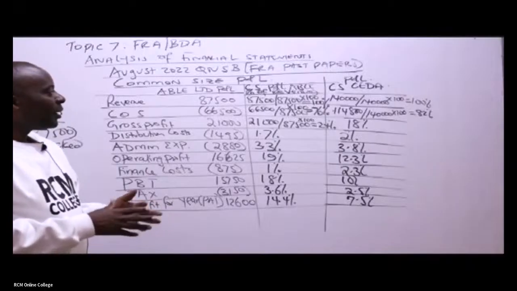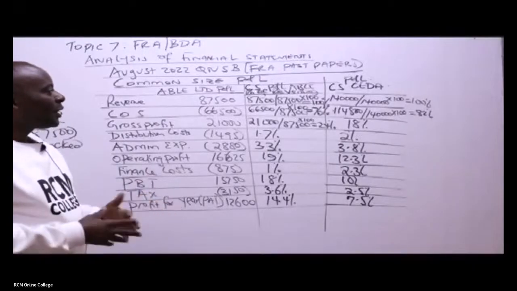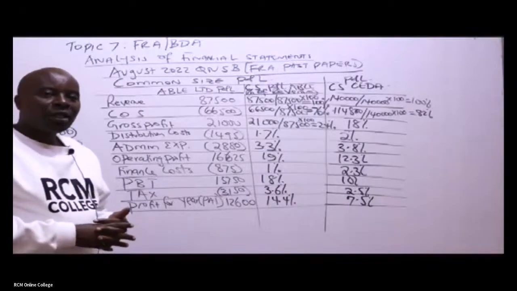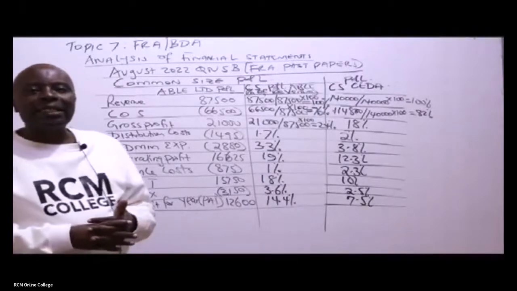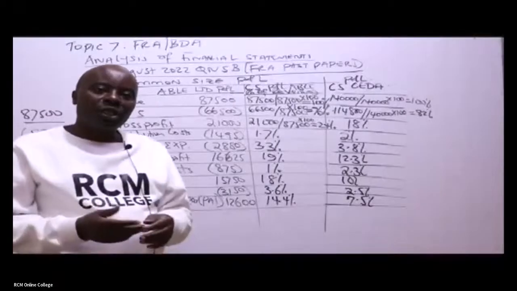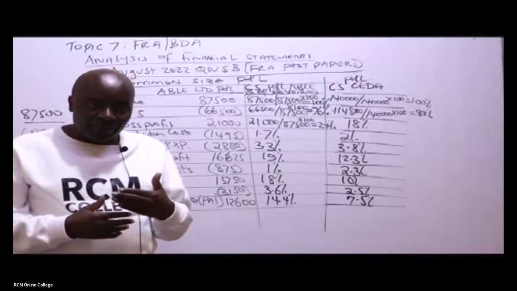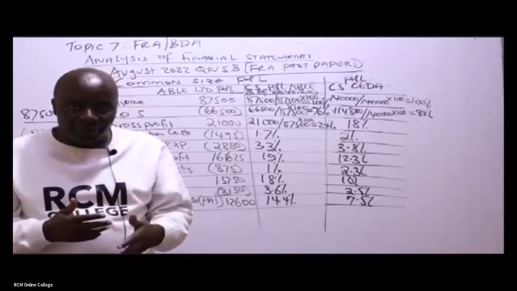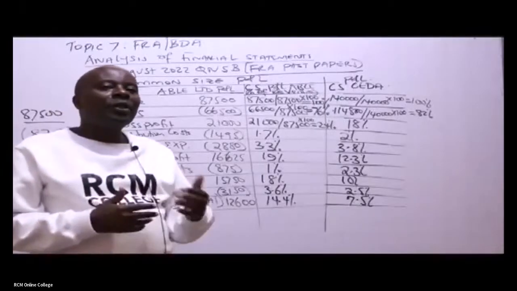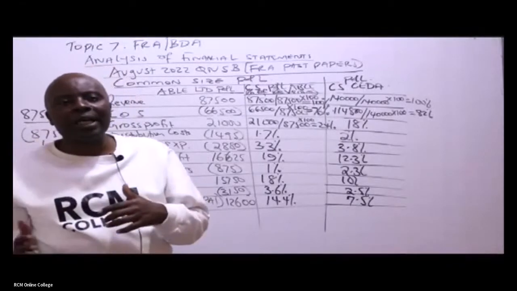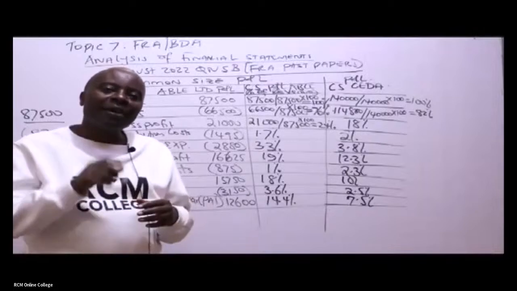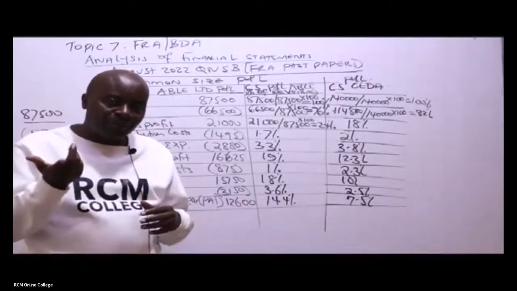Now, ladies and gentlemen, if you are the investor, in terms of these profitability ratios, which company will you invest in? If you're a potential shareholder, remember, shareholders are very greedy. They don't even want to look at how the expense structure is. They are always there to maximize profits.